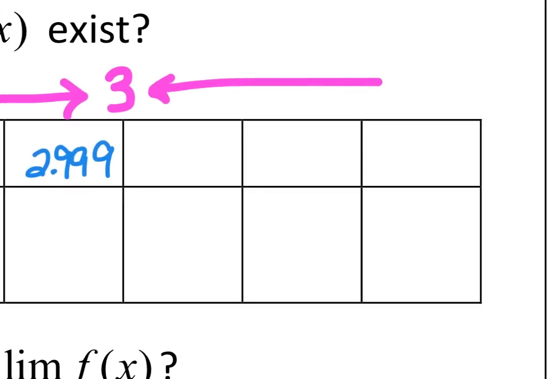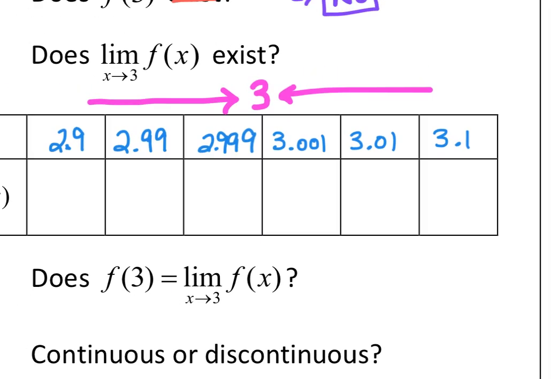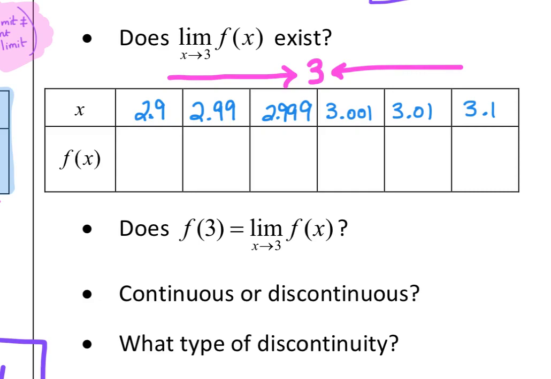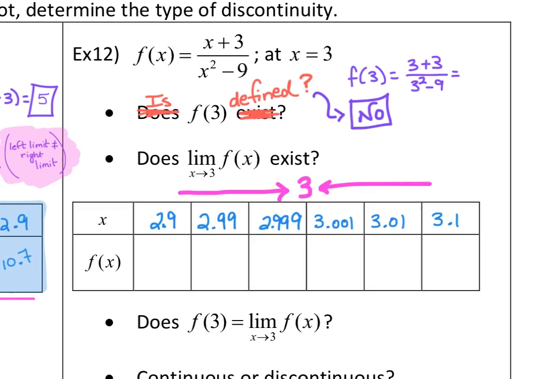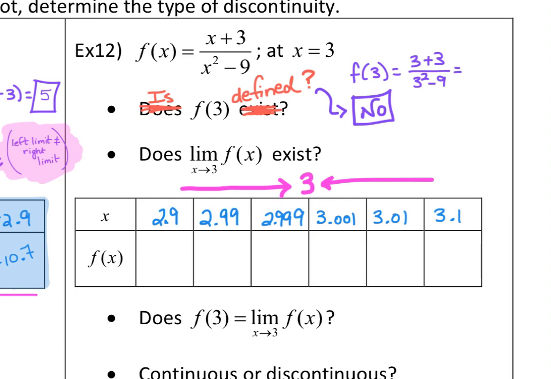And then on the right, from all the way to the right is 3.1, and then going backward toward the 3 is 3.01 and 3.001. Go ahead and pause the video, fill in the table, and come back when you're done.